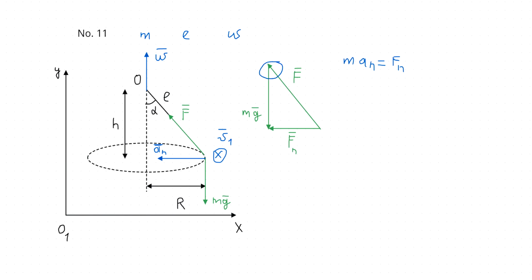But what about this angle alpha? It will also be equal to alpha, of course. And if it is alpha, how to connect mg and Fn?